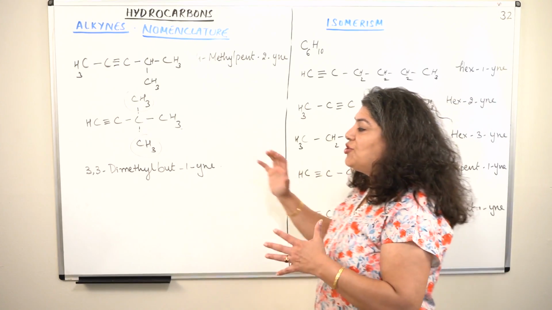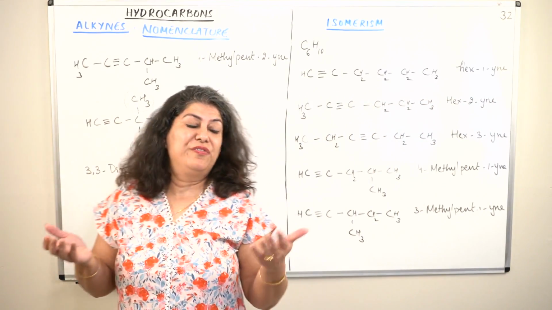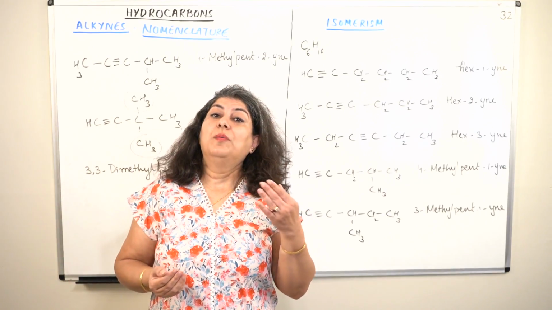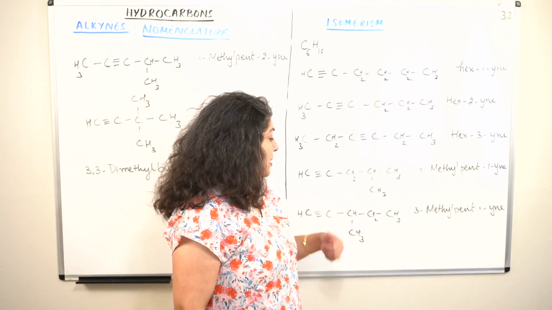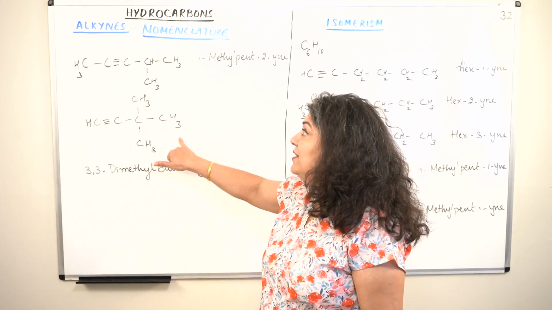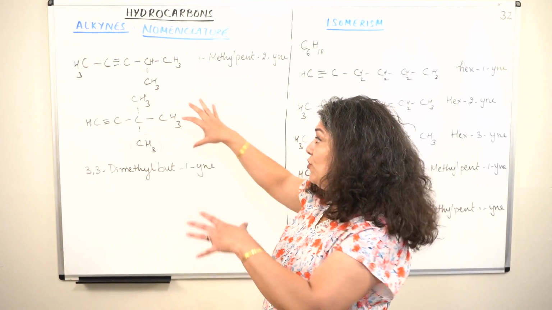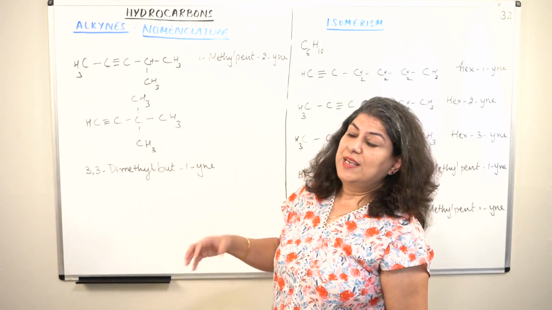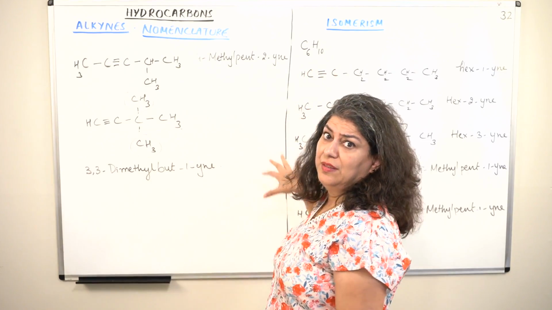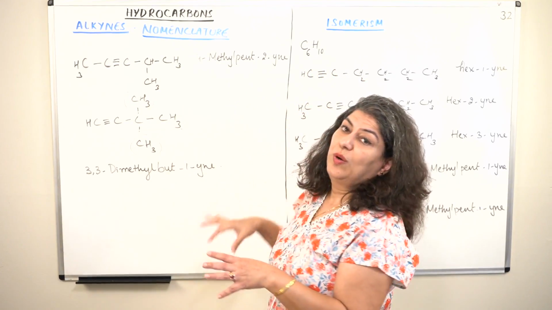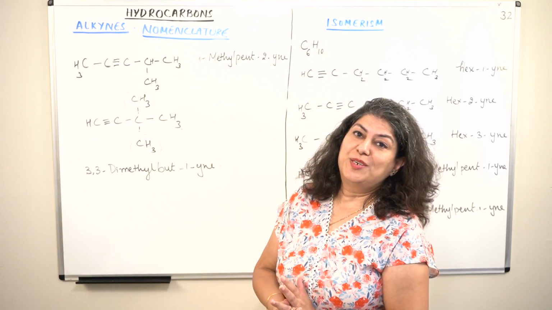So you can draw such relationships between different pairs and see whether they are position isomers or chain isomers. Here there is a single branch, here there are 2 branches, all these have single branches. So if you relate any of them with the straight chain ones, you will call them chain isomers.